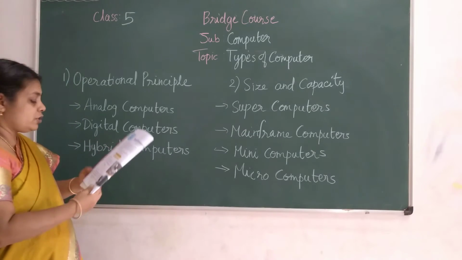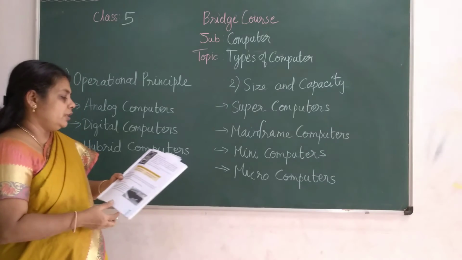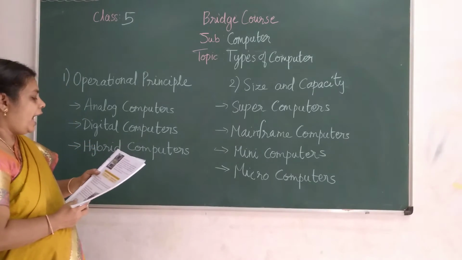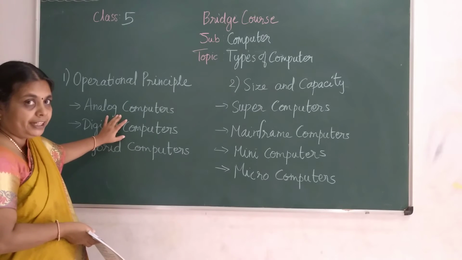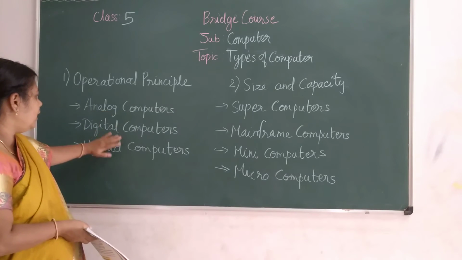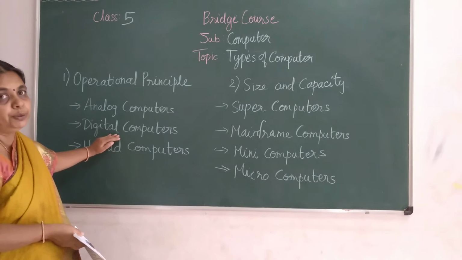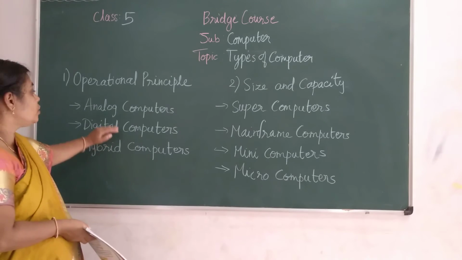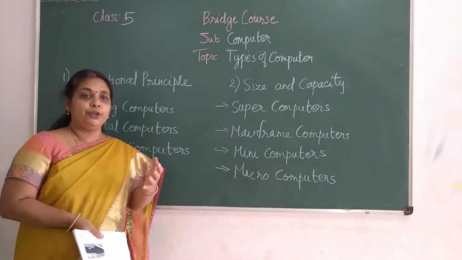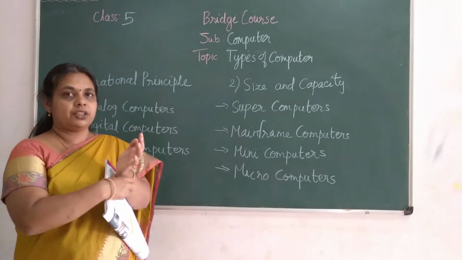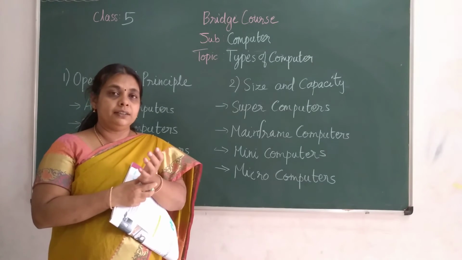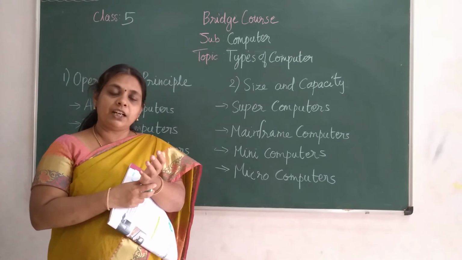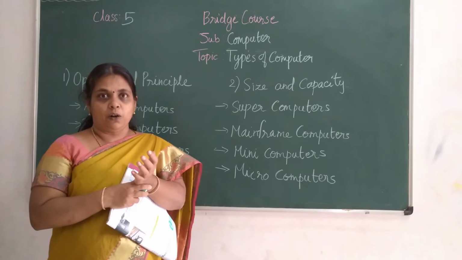The next one is hybrid computers. Hybrid means a combination, combining analog and digital computers together, children. Analog, as I told you, imagine a pulse: the beats, the number of pulses they count, that is analog.